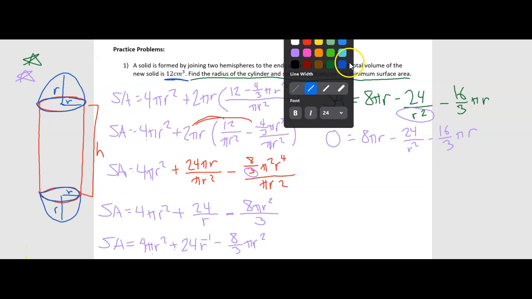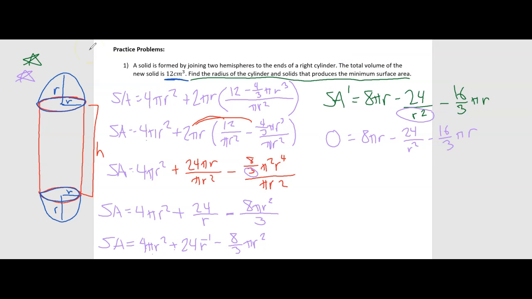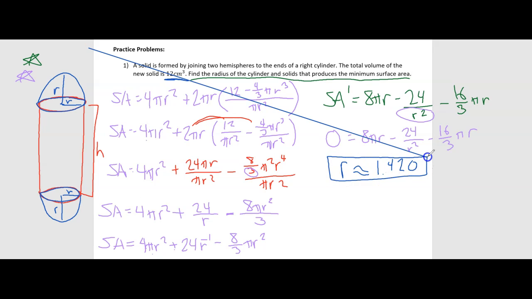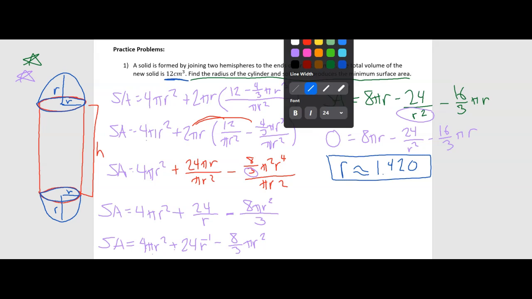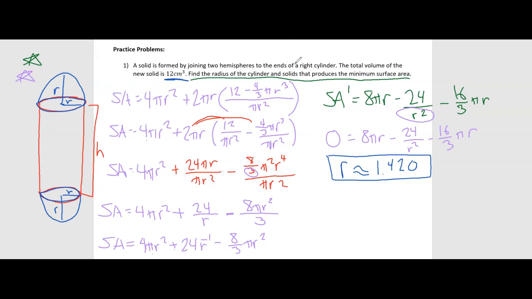All right, and we see that this only occurs at one r value, and that's going to be r is approximately equal to 1.420. That's going to be the same value whether you round it or truncate it. We do want to make sure that this is a minimum, but because this is a calculator problem, we don't have to do a whole number line. We can just look at the graph.